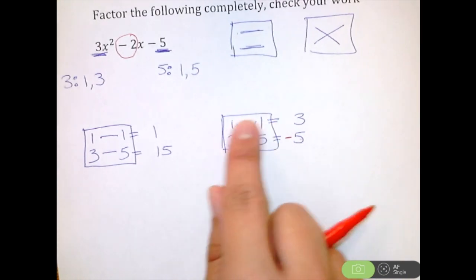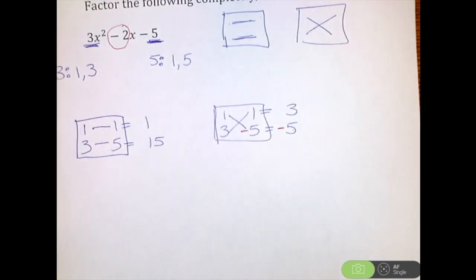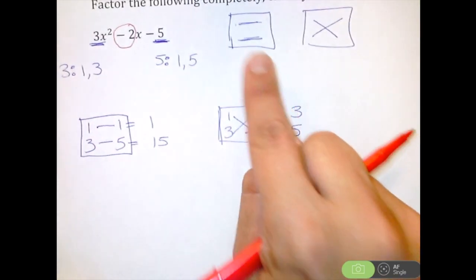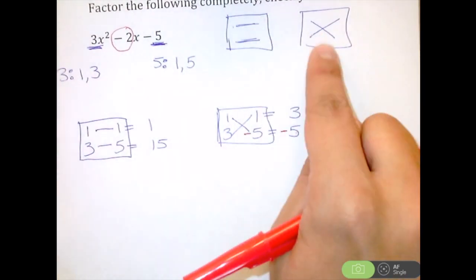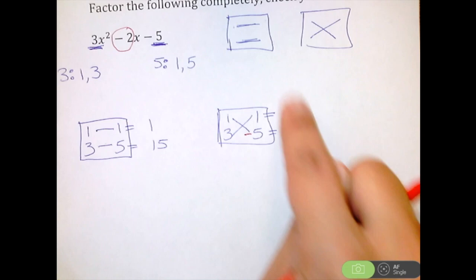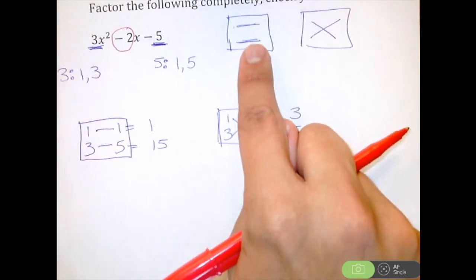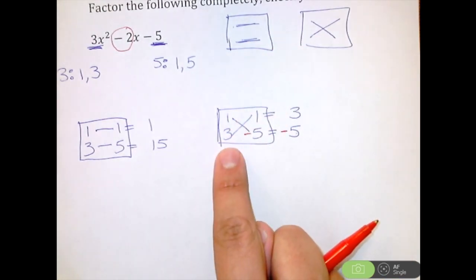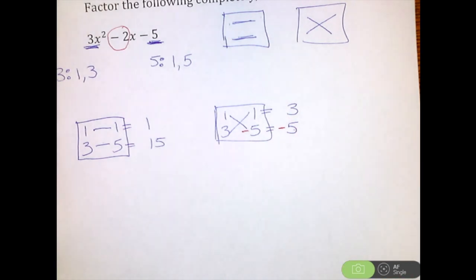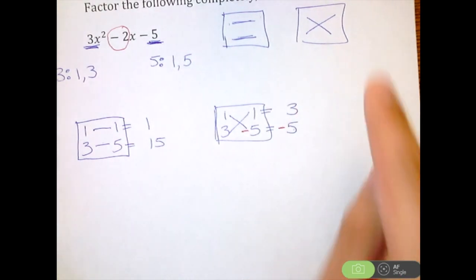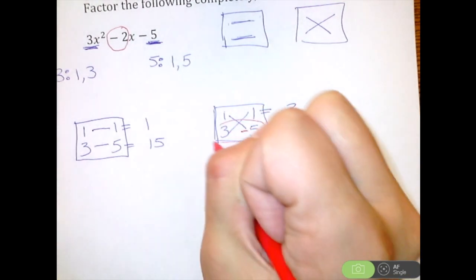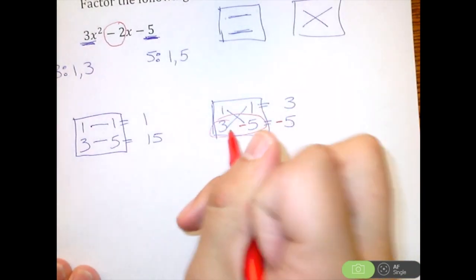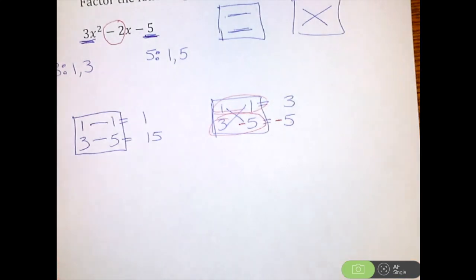So what I have inside my box is actually my answers. Now the key thing is remembering multiplying straight across and crisscross. Whichever I do to get my answer, the actual answer I'm going to write down is the opposite. So the pairs that are going to go together, that's why knowing multiply straight across, crisscross is pretty important. The pair that's going to go together is this 3 and the 5, that's straight across, and the 1 and the 1.